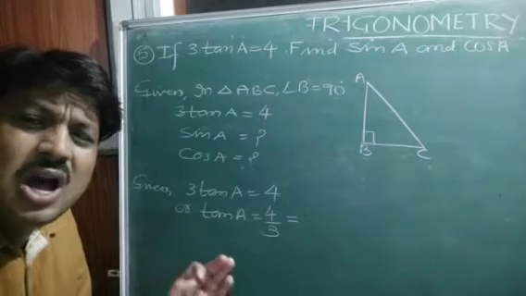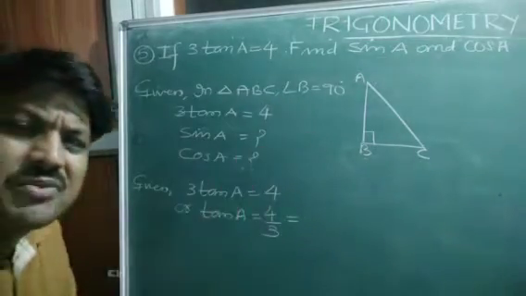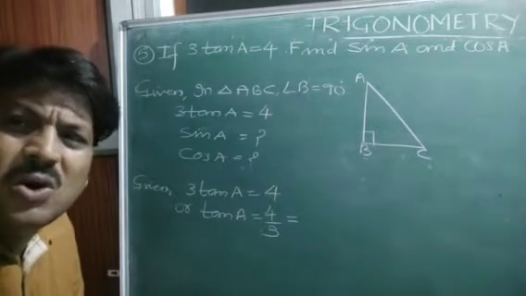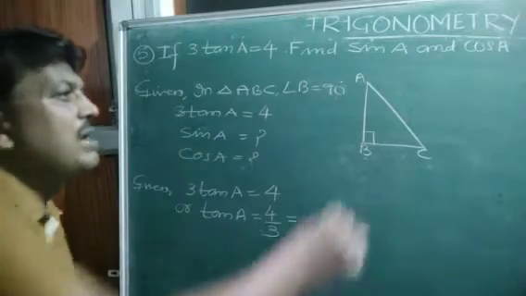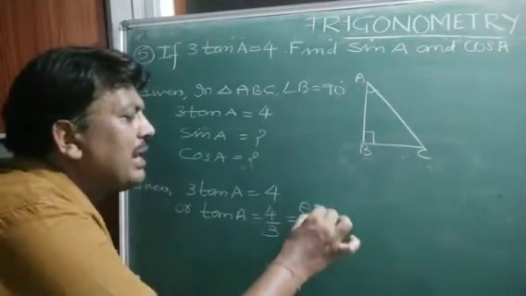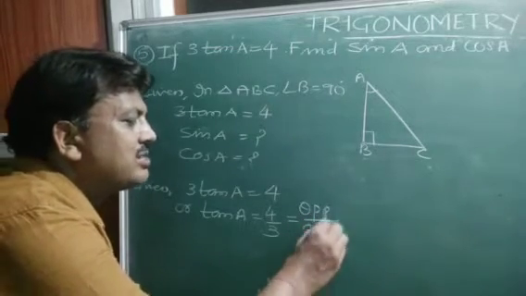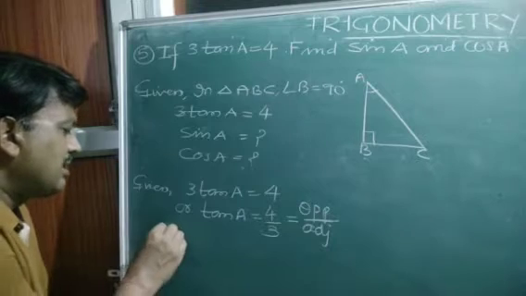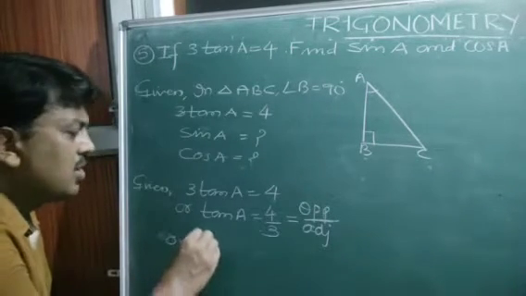Trigonometric ratio. How are trigonometric ratios related to the sides of a triangle? Tan with respect to A is opposite upon adjacent. What is its meaning? Or what can you write, children?